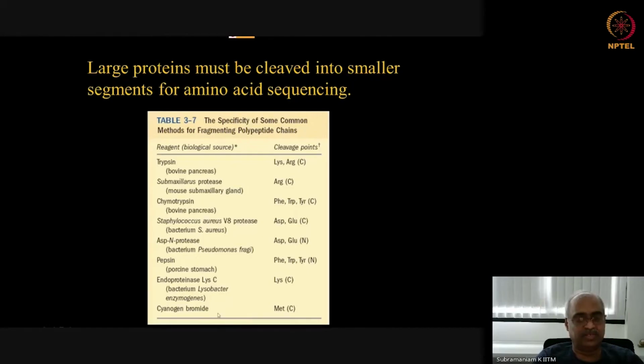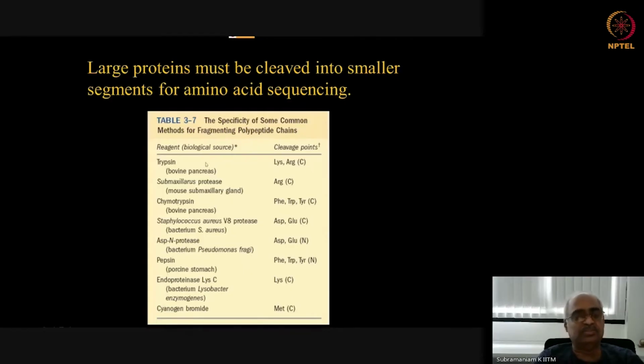This also helps in cleaving. Each one of these agents is specific to the cleavage point. Like trypsin, which is a common enzyme produced by the pancreas, cleaves on the C-terminal side of lysine or arginine, and so on for the other ones.